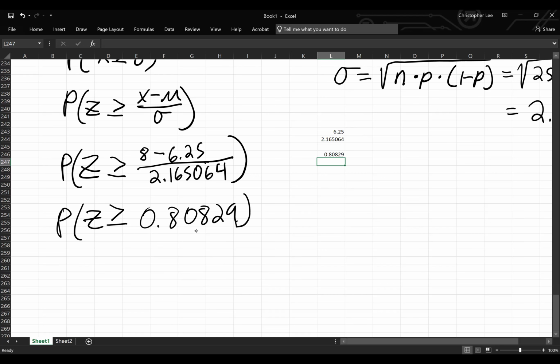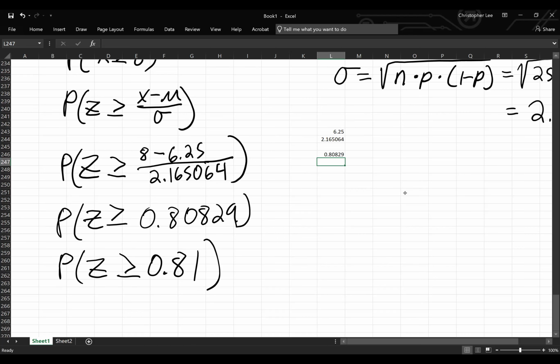Now, if you're going to be using the formula sheet, which is an option, you have to round this off to 2 decimal places. So we look at the thousands place, and then consider what we're going to make the hundredths place. In this case, rounding to 2 decimal places, this becomes the probability of z greater than or equal to 0.81.